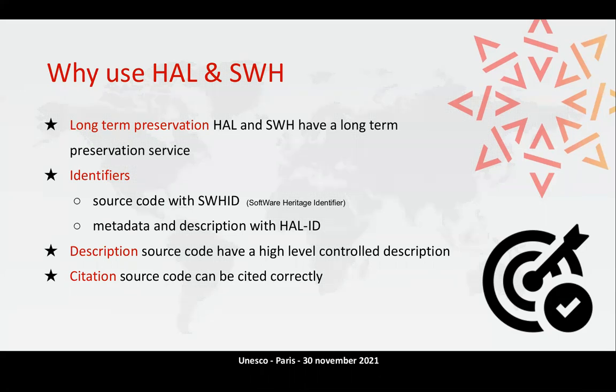You have high-level control of metadata, of course, with the moderation system and the librarians. With moderation in HAL, we also have, though not clearly said, some tools with referentials.